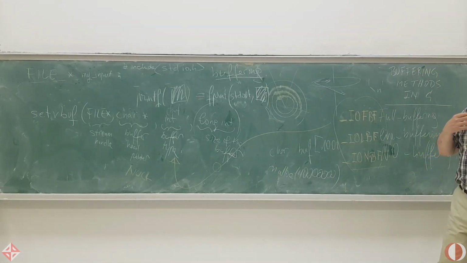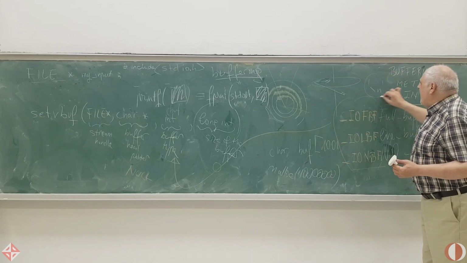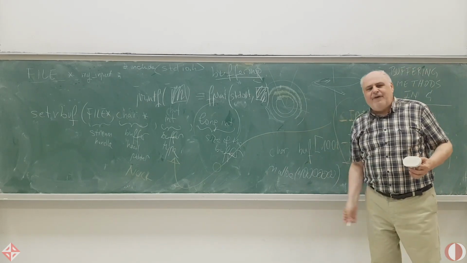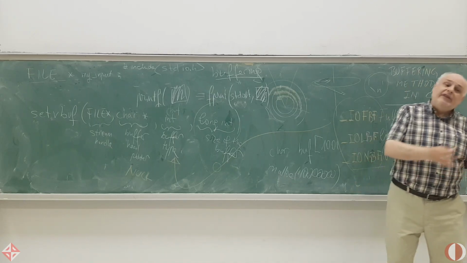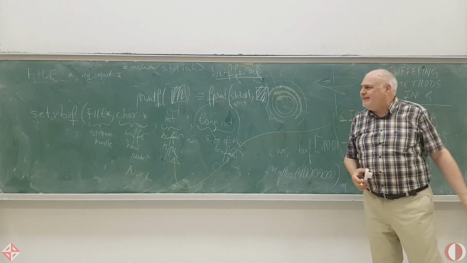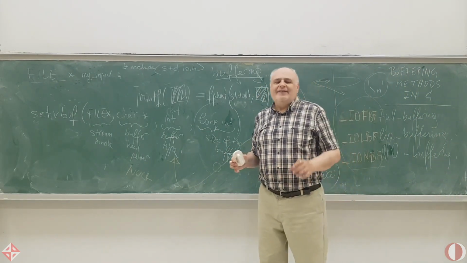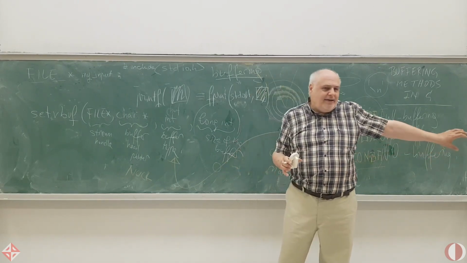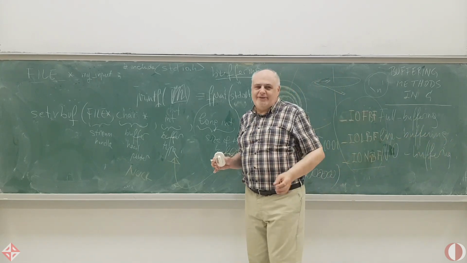If this is a reading device, if it's a data source, then until a \n or the end of file is hit, everything is read into the buffer. And then provided from there to you. Any scanf will silently go and pick from that internal buffer and provide it to you much faster.